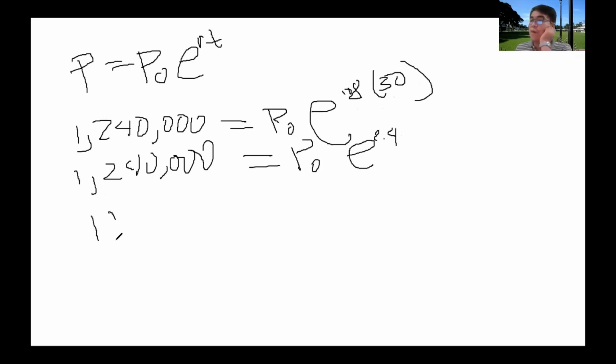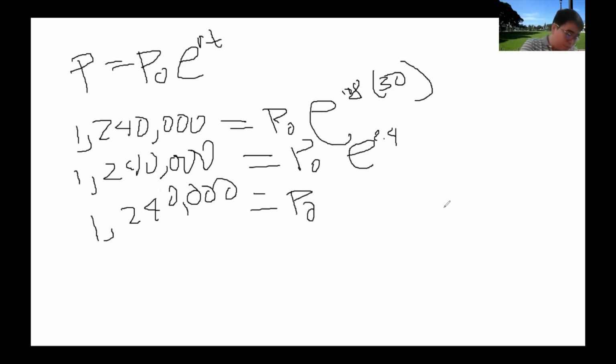Now we have 1,240,000 is equal to P sub 0 times e to the 2.4, and e to the 2.4 is equal to 11.023.